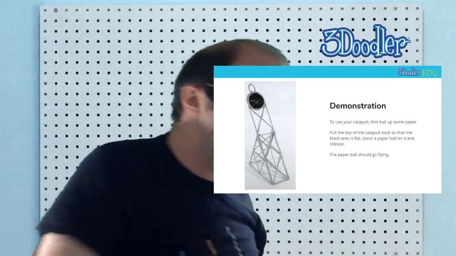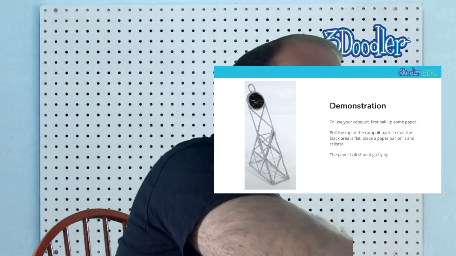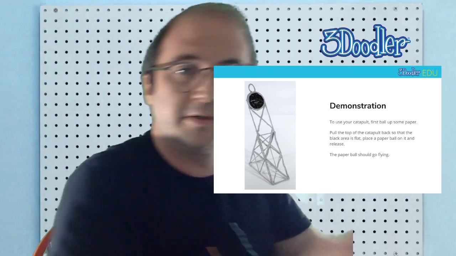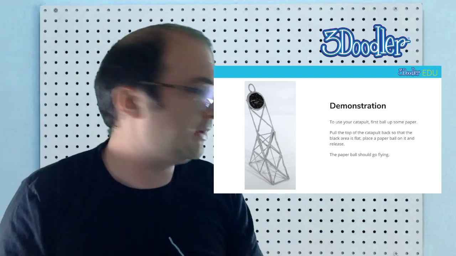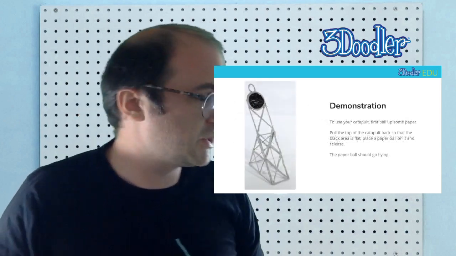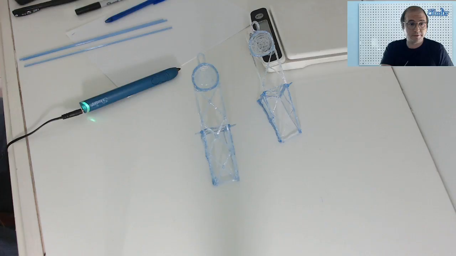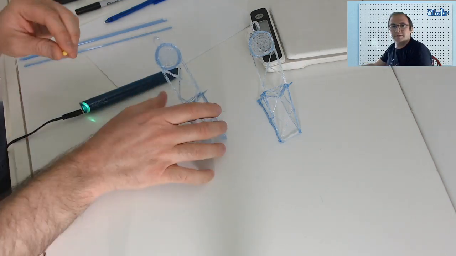So, demonstration. So we saw that we have objects. So now I'm going to get some projectiles. Now I'm using little ball and socket joints for my projectiles, but you could use anything. So let's go to that. So I can put my projectile in there.